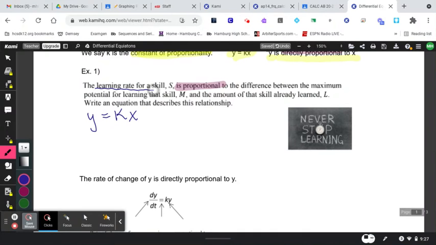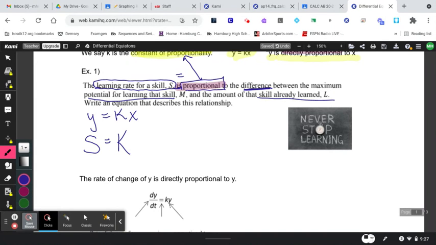The learning rate for a skill S, of course, "is" in math means equal. So this is S equals, proportional, so that constant of proportionality that we just talked about is the k. And now what is it proportional to? It's proportional to the difference. So hopefully you're thinking you're going to subtract something: the difference between the maximum learning for that skill and the amount that has already been learned.